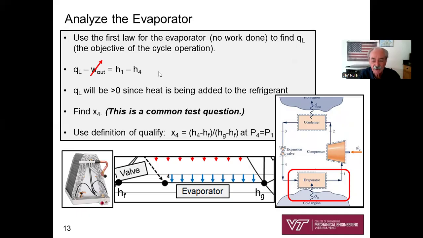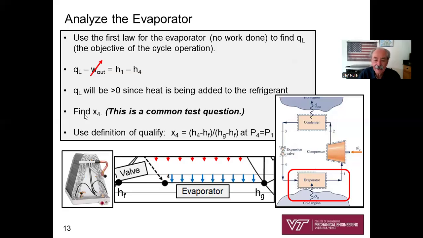Again, my same lecture about the first law: this is not a formula, it's a statement of the first law. If you think about these numbers, you're going to see that q_L is positive. Heat is being added to the refrigerant.